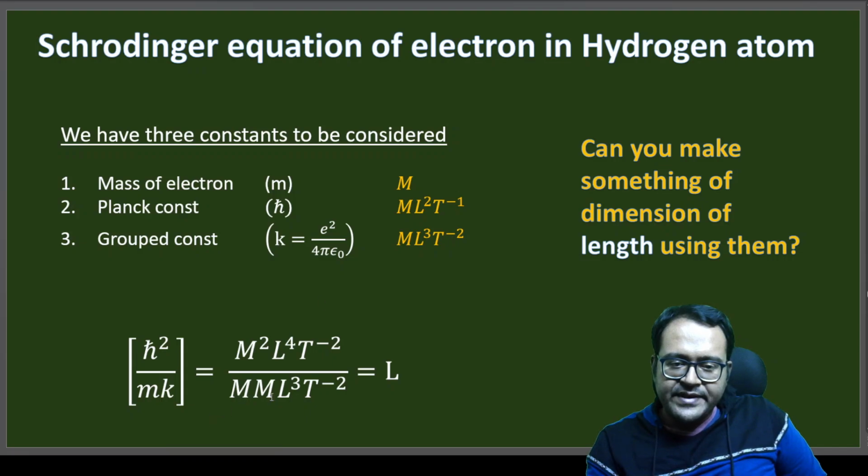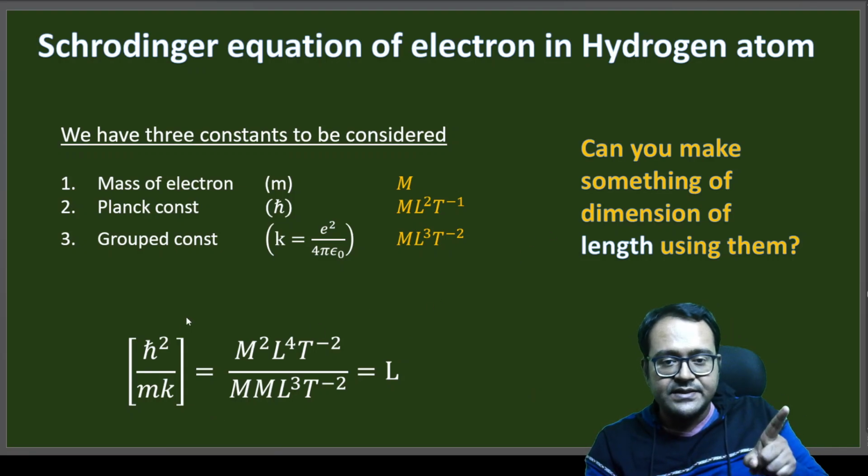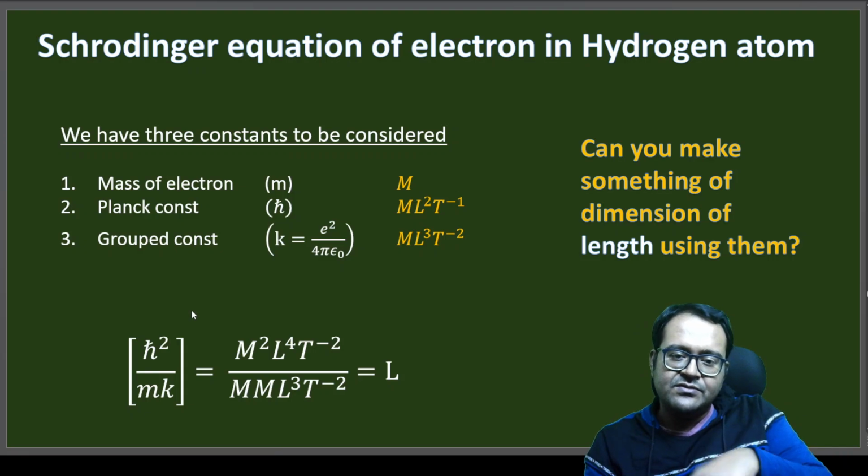So this m square cancels, T cancels, and you get L. So h bar square by mk is the quantity with dimension of L.